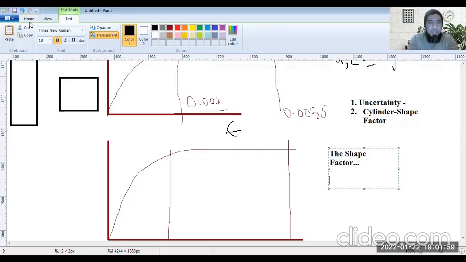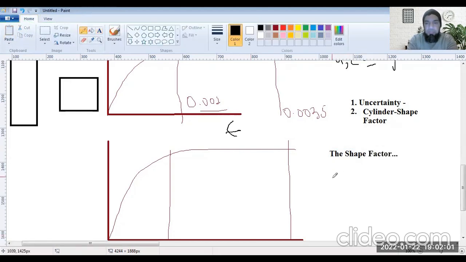So now your sigma CU would be first taking into account the uncertainty.